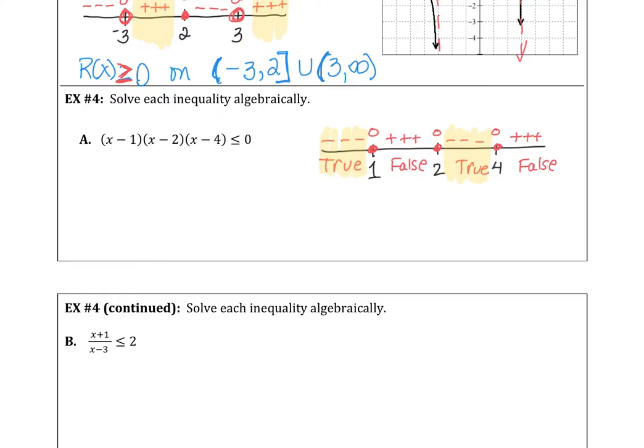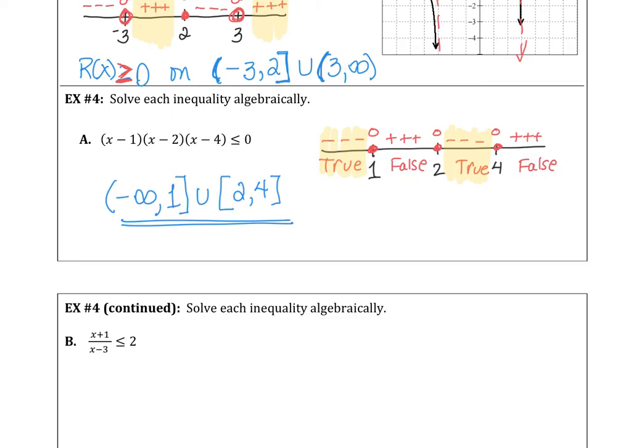And then transferring that to write a symbolic statement for the answer: from negative infinity to 1, including 1, and then again between 2 and 4 inclusively, that inequality statement is true.